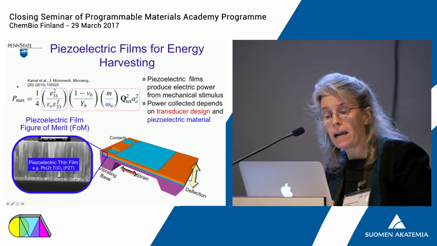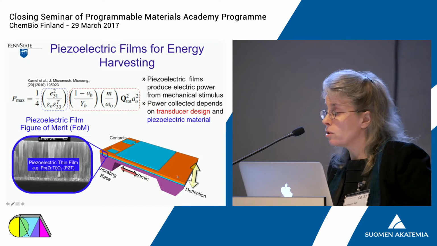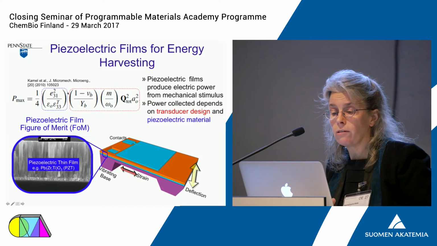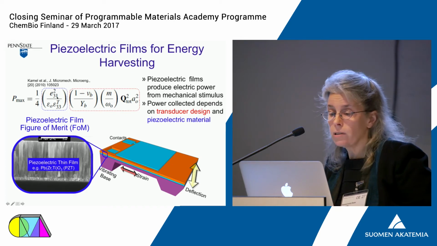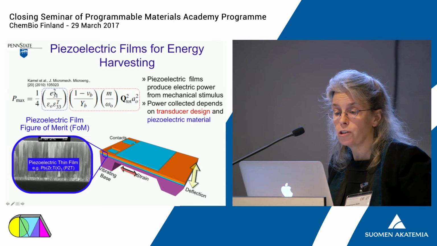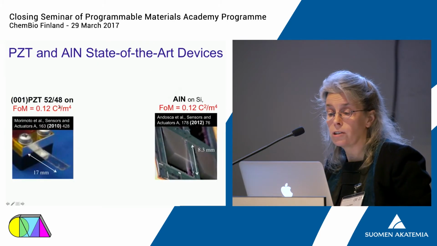If you look at the power that is available out of an end-loaded cantilever, there's one set of terms that really depends on the geometry of the cantilever, but the key materials figure of merit is the piezoelectric e31 coefficient divided by the relative permittivity. So that coefficient squared divided by the relative permittivity is my figure of merit for this application.